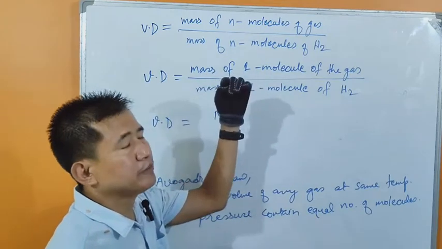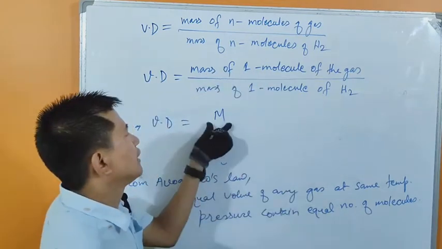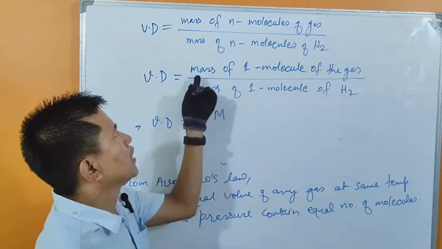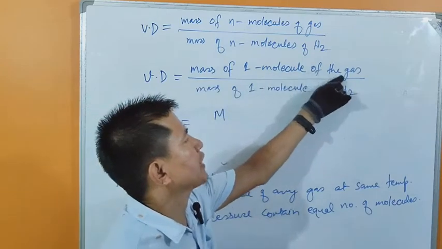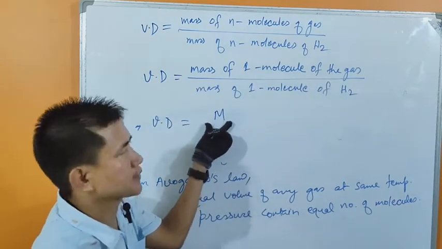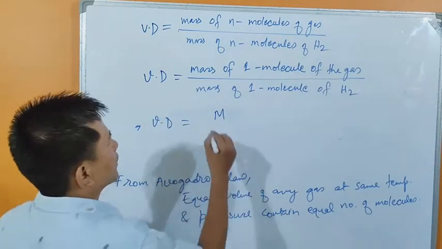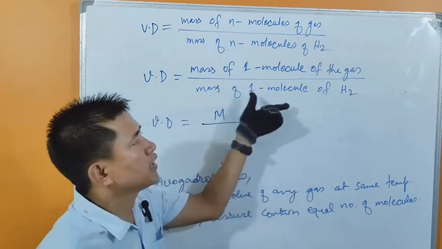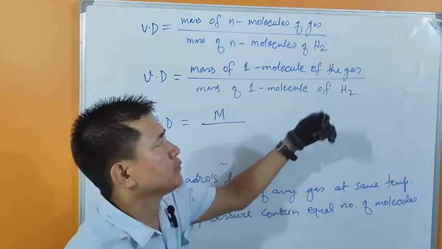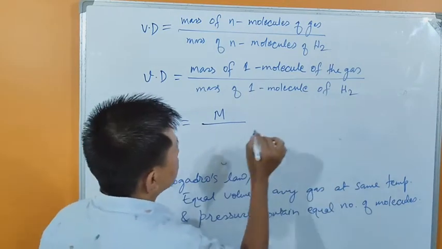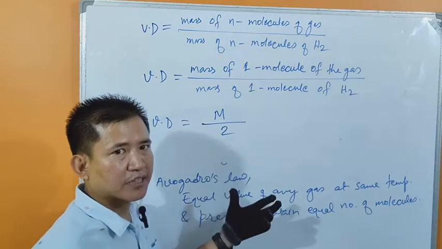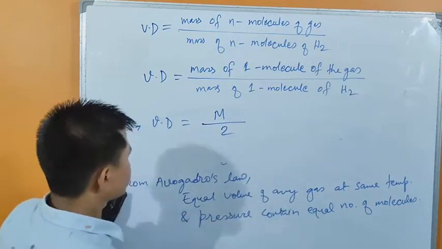Let us denote molecular mass by the capital letter M. Mass of one molecule of the gas means molecular mass of the gas, denoted by M. Mass of one molecule of hydrogen means molecular mass of hydrogen. What is the molecular mass of hydrogen? We know that the molecular mass of hydrogen is 2.